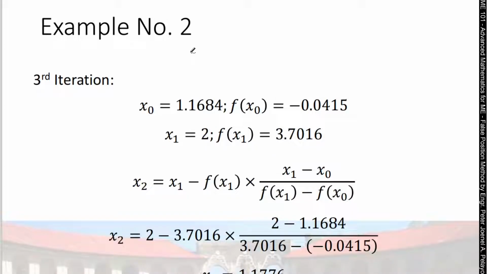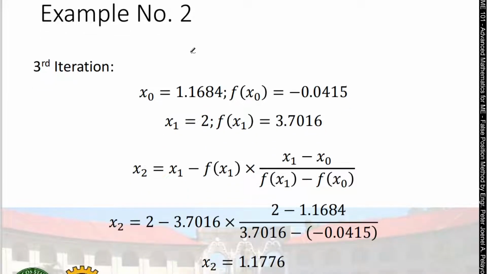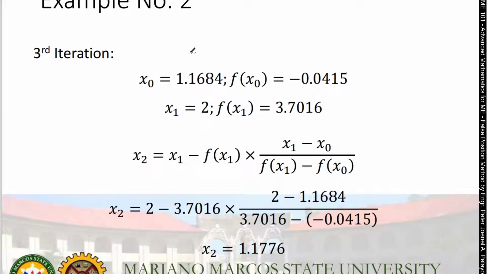Then, in the third iteration, x0 was replaced with x2, so we get a new value of x2. x2 is equal to x1 minus f(x1) times the quantity x1 minus x0, all over f(x1) minus f(x0). The x2 we get is 1.1776.